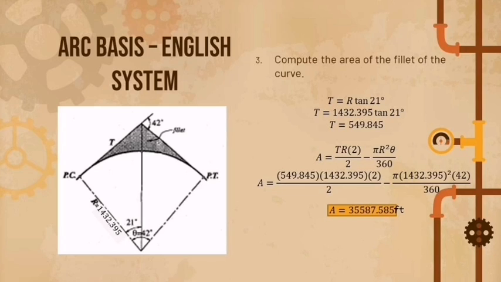Now for number 3, compute the area of the fillet of the curve. Again, tangent distance equals radius tan 21 degrees. We substitute the value, where our radius is 1432.395 tan 21 degrees, and we get the tangent distance, which is 549.845. Again, we use the formula to get A: T times R over 2 minus pi R squared theta over 360.